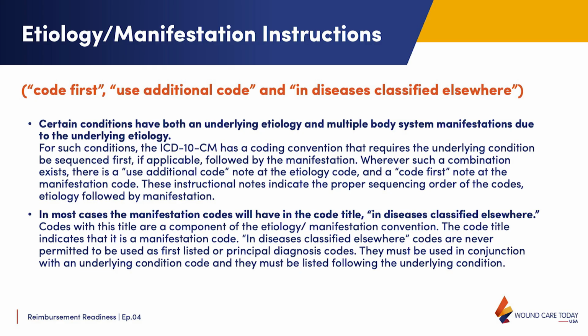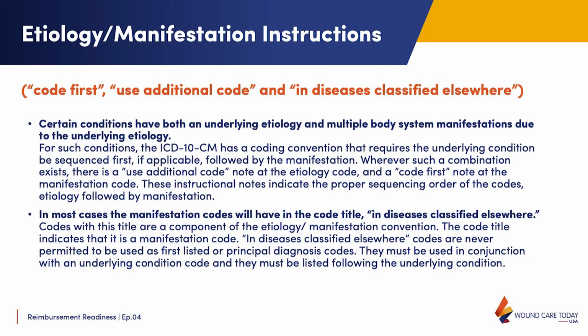It becomes the first listed diagnosis when you go to bill the case. Whenever such a combination exists, there's also a use additional code note that instructs you to code first the etiology code, and then you will have the manifestation code. So these instructional notes indicate the proper sequencing order of these codes, the etiology followed by the manifestation.